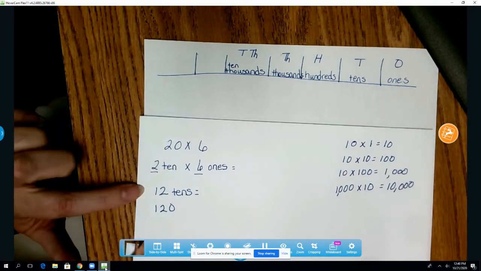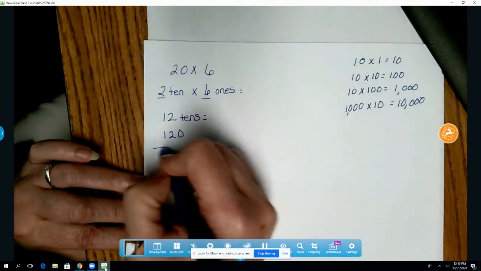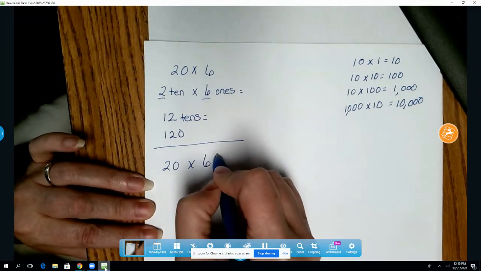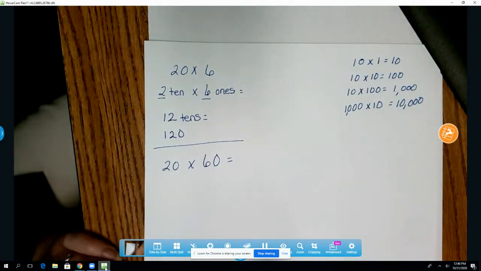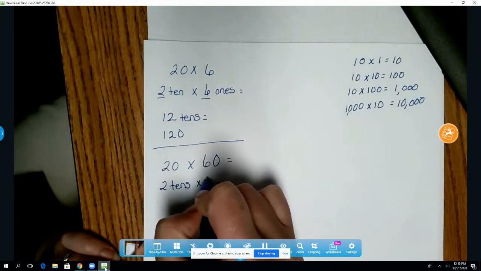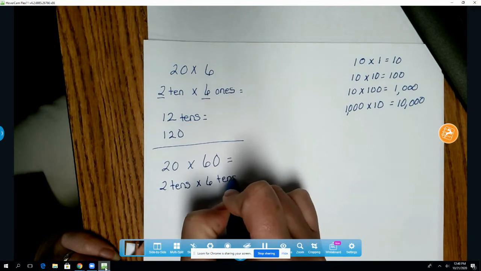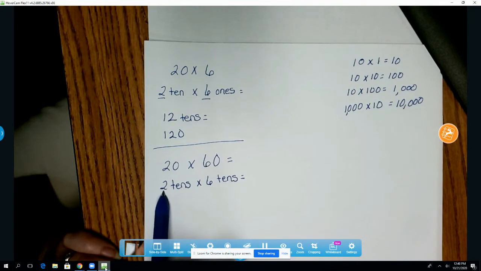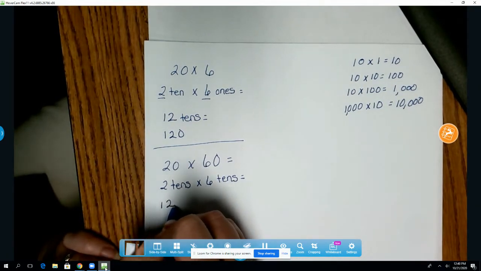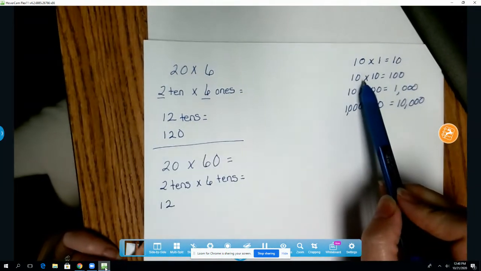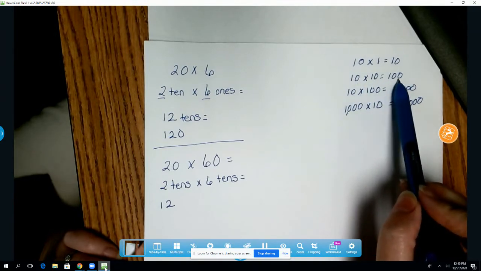So going with this, what if we had 20 times 60? That would be the same as saying 2 tens times 6 tens. If we use our base fact, 2 times 6, that is 12. And we have tens times tens. If we look up here, 10 times 10 is 100.